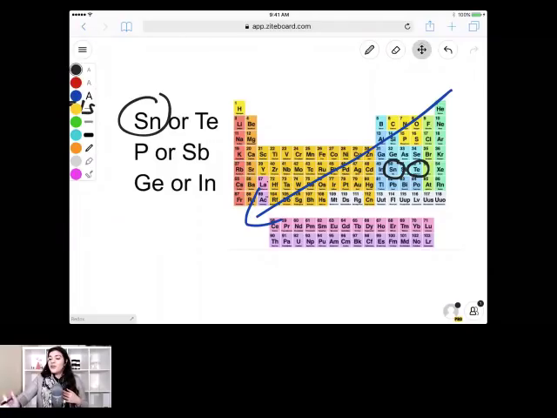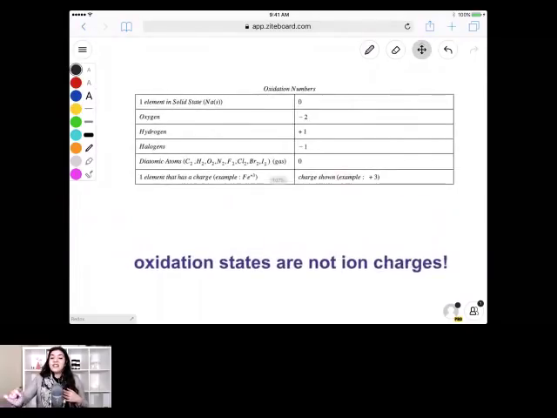All right, why don't we first just start talking about oxidation numbers and what in the world they are and how they help us identify what's oxidation, what's reduction, and so on. In our case, I just want to make a note that oxidation numbers or oxidation states are not going to be your ion charges. I don't want to say that they're the ion charges per se.